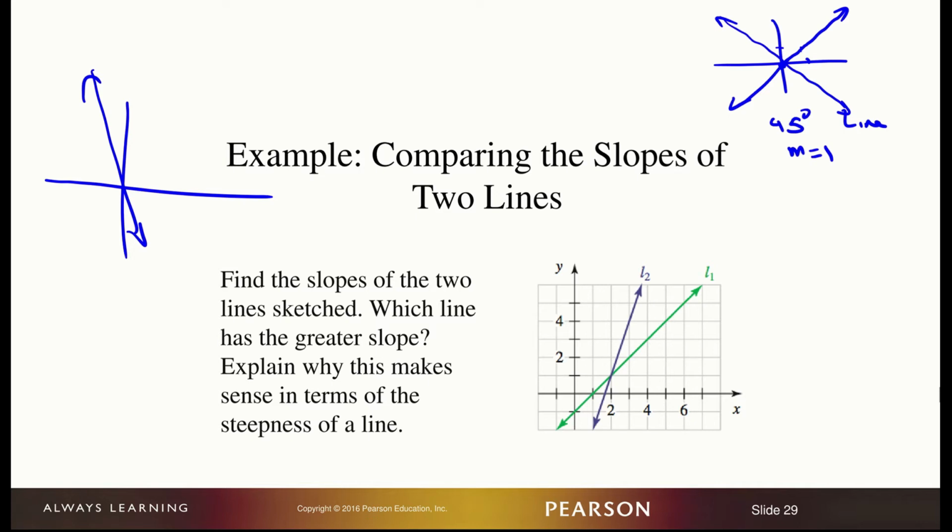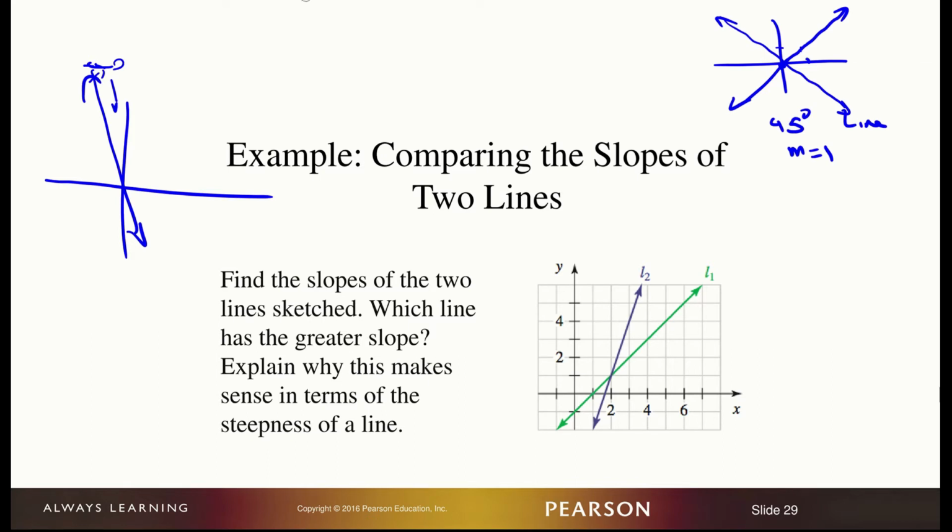If you were skiing on this, that would be a very steep slope, right? So we want to consider both positive and negative slopes that are very large. That's why we look at the absolute value to determine steepness.